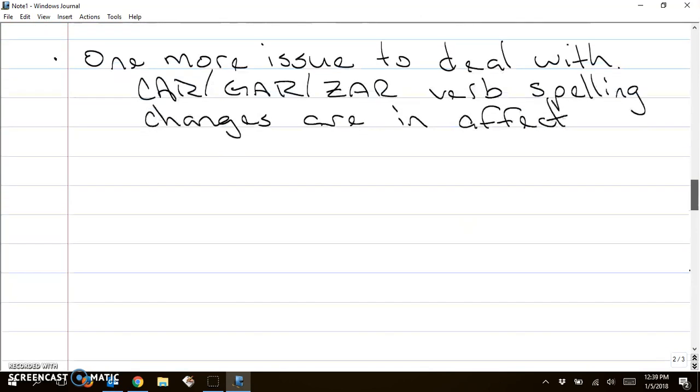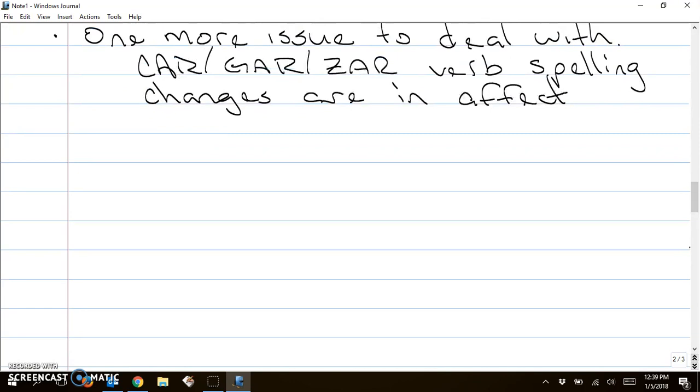So if you'll remember these from the preterite, a C is going to change to a QU, a G to a GU, and a Z to a C. So let's do a couple examples.